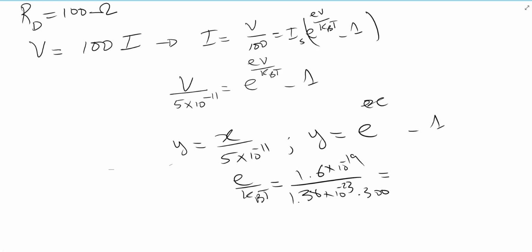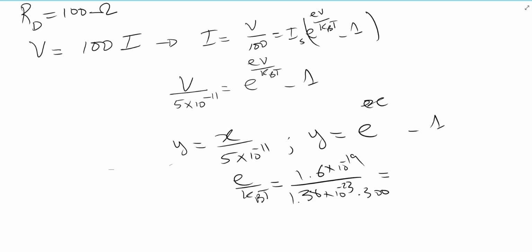So again, 1.602 times 10 to the negative 19. The answer is going to be in volt, of course. Whatever we find is going to be in volt if we solve this equation, divided by 1.38 times 10 to the negative 23 times 300.